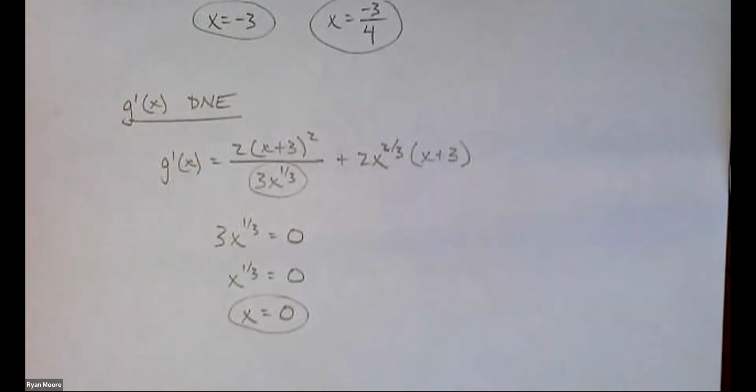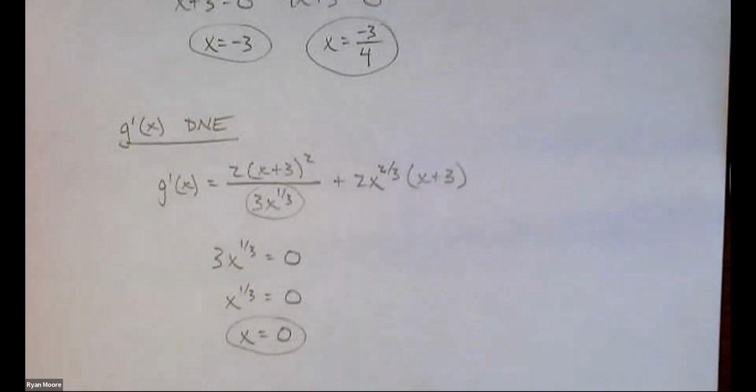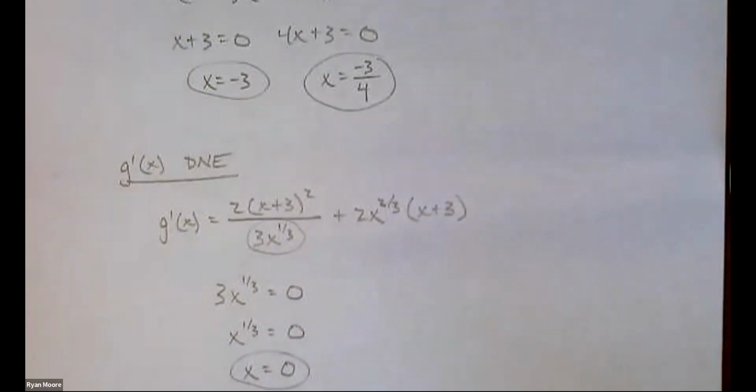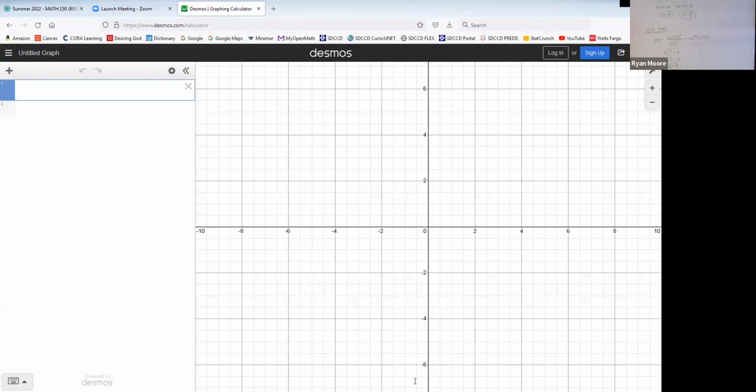Okay, just for sort of our investigation, we might as well use technology to see if we were right. Let me switch over here to Desmos, and let's graph this thing and see if we were onto something.